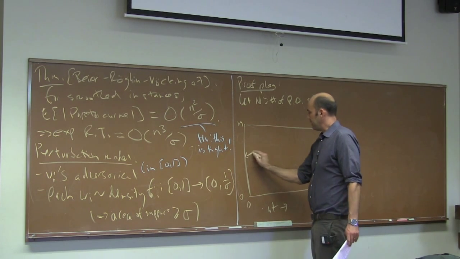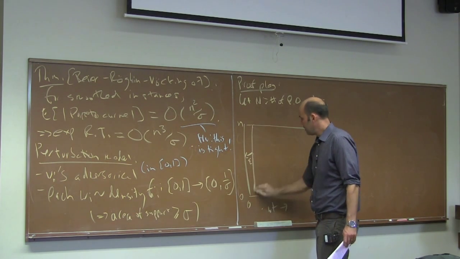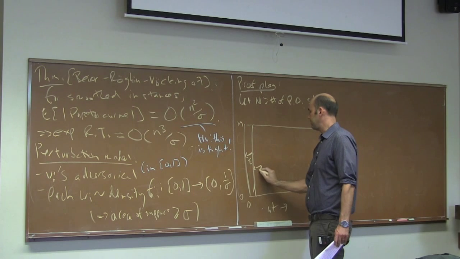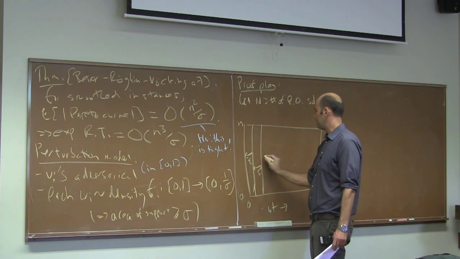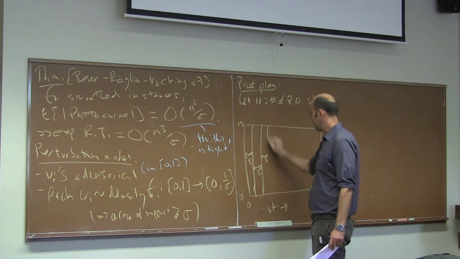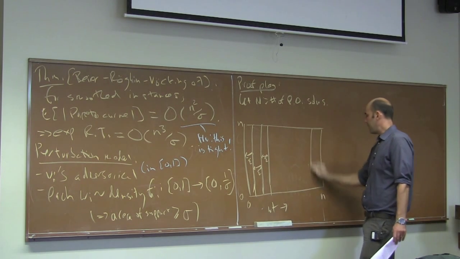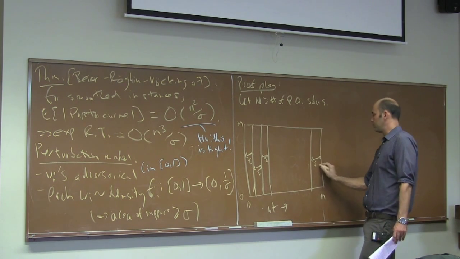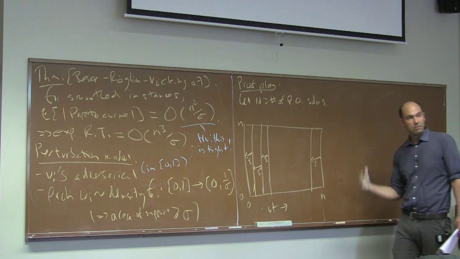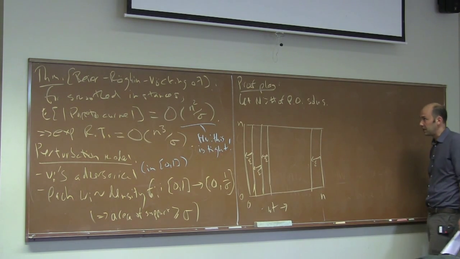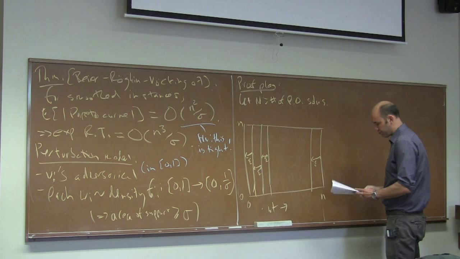And it's going to be convenient to break this square into slices of width epsilon. What is epsilon? Epsilon is a parameter that we're going to choose for convenience in our proof. Epsilon is not part of the input. Epsilon is just going to be internal to our proof.